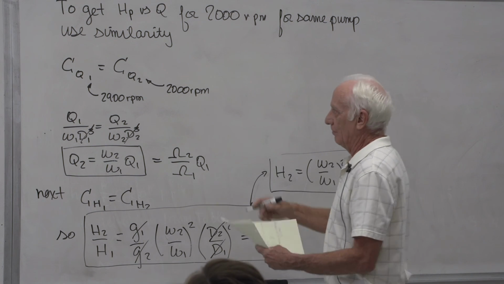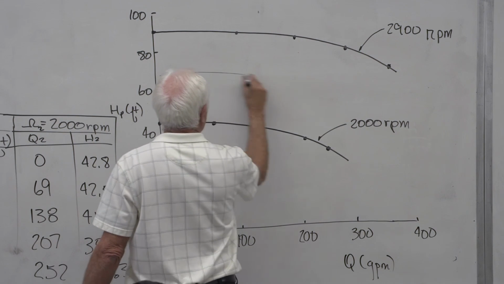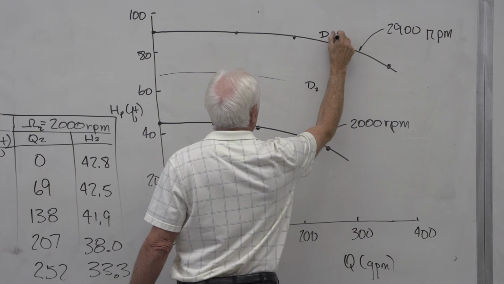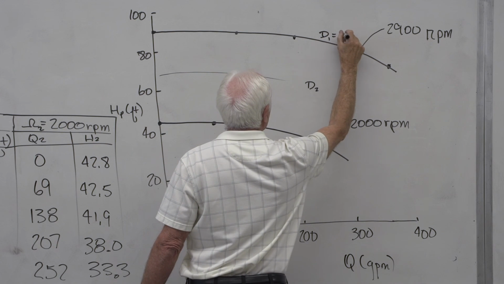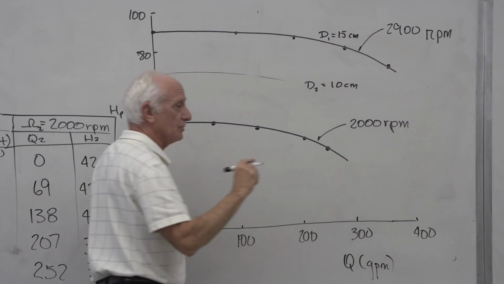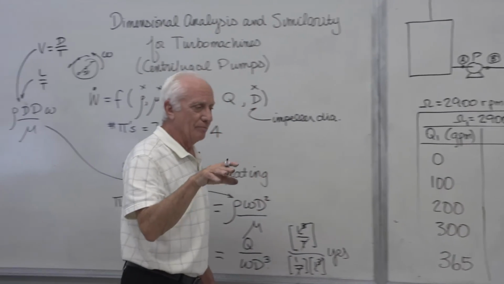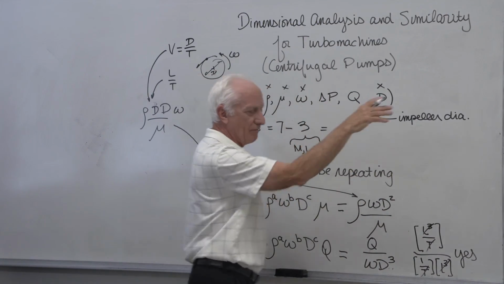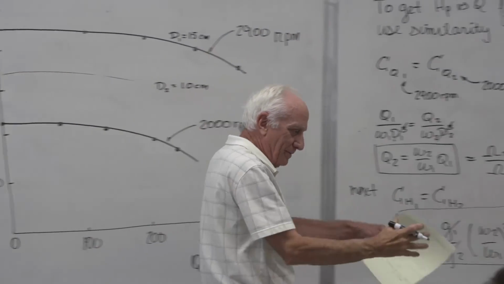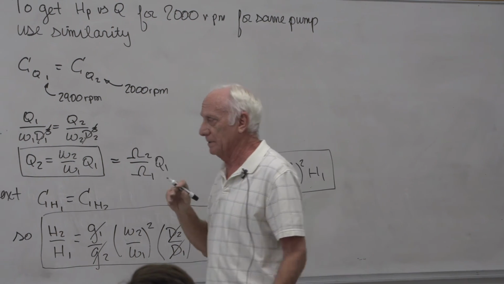So you can also say, here's what would happen if I ran the impeller at a different diameter, D2, and this would run at diameter D1, let's just say 15 centimeters, and this one was at 10 centimeters. So you can see how the pump would operate if you change the impeller. And most of these pumps, you can take the casing off the pump, take the impeller out of the pump physically, and put a new impeller in the pump, because there's different impeller diameters for one pump casing typically.